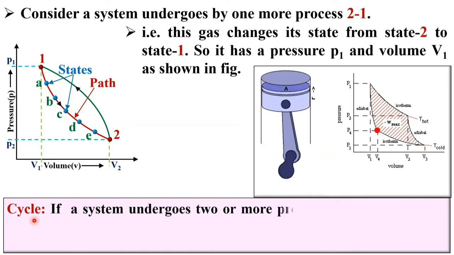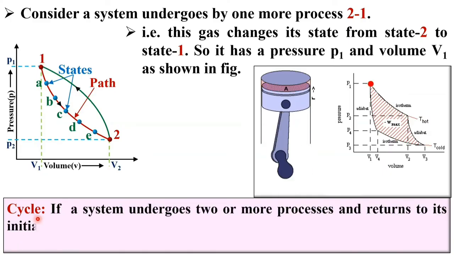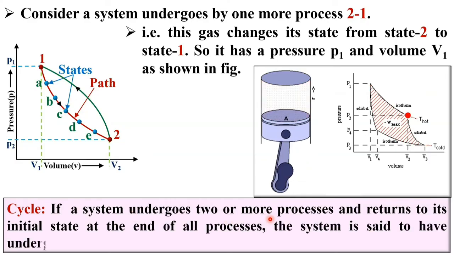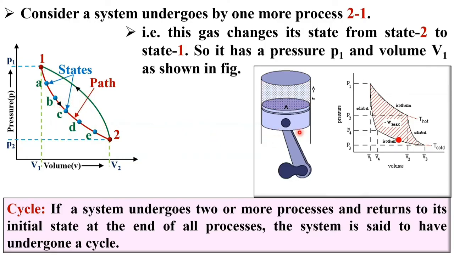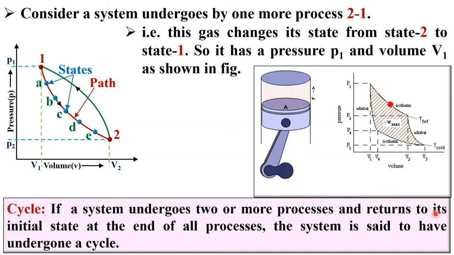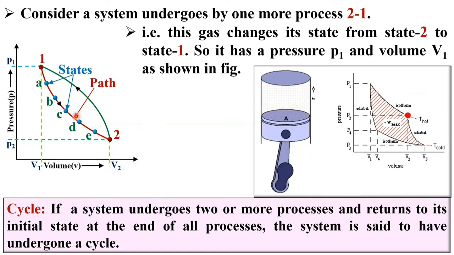So now I can define the cycle. If a system undergoes 2 or more processes, here you can see 2 processes and here you can see more than 2 processes, and returns to its initial state at the end of all processes.